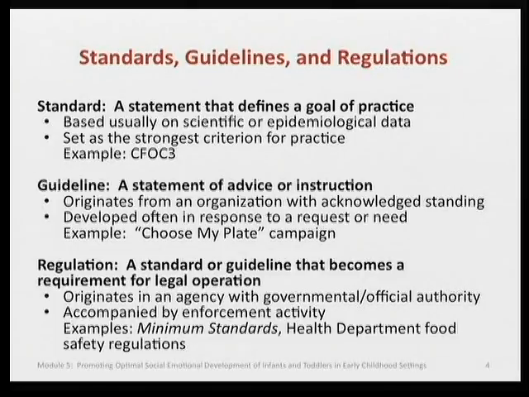Please remember that the content of this module is based on the best practice standards published in Caring for Our Children. These standards may or may not have been adopted as regulations in Alabama. Caregivers should be familiar with state and local child care regulations and operate in compliance with such regulations.